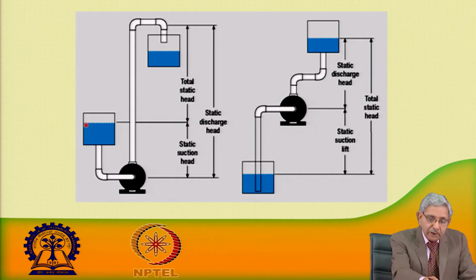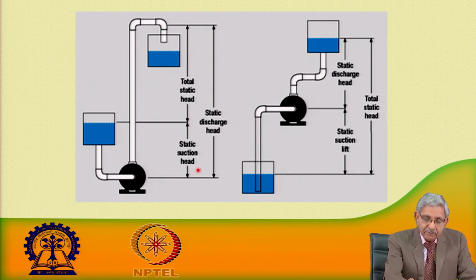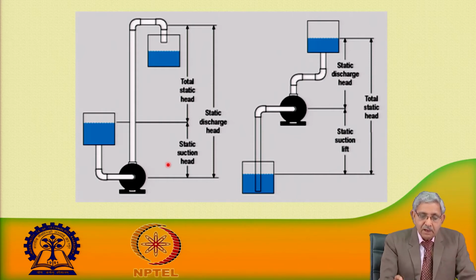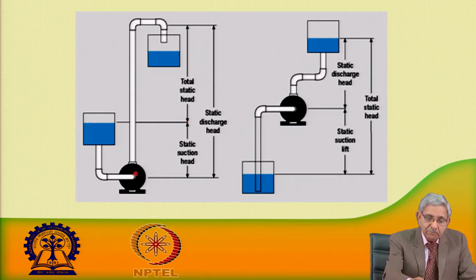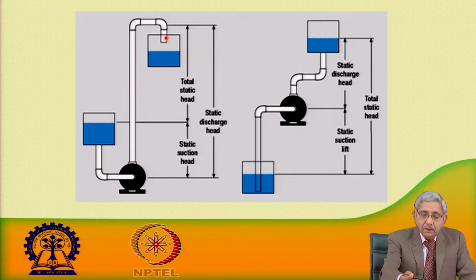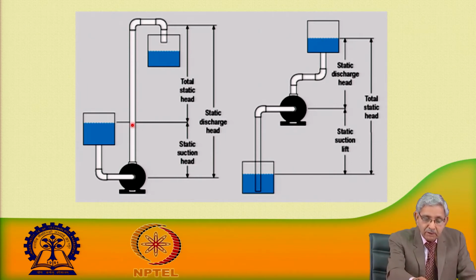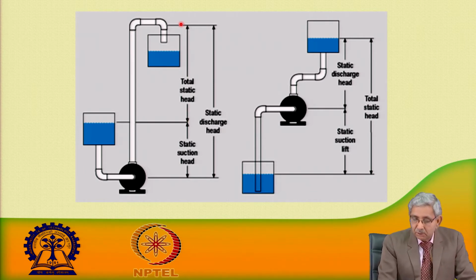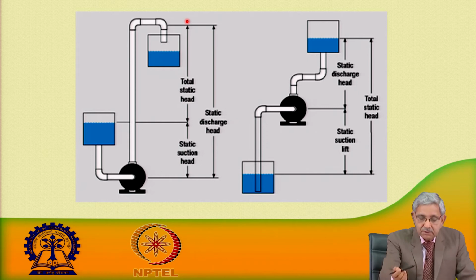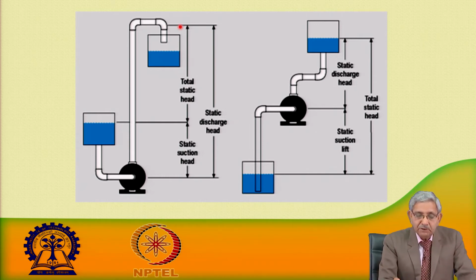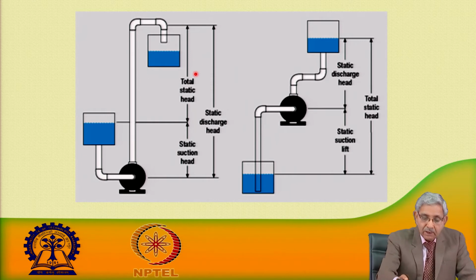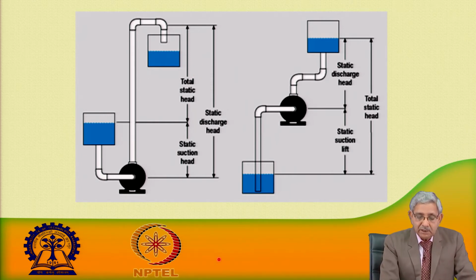So, whatever the level of water above the center line of the pump, this particular term is known as static suction head, and then the water lifted by the pump to the desired head, from the water level of the source to the center of the delivery side of the pump, is the total static head, also known as static discharge head.